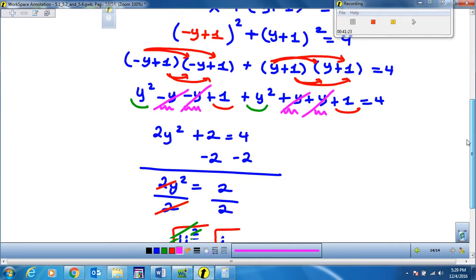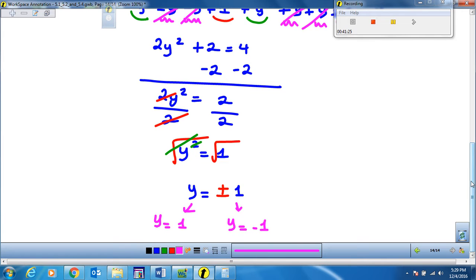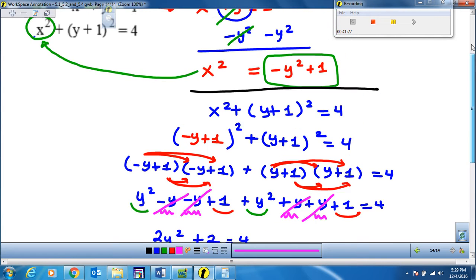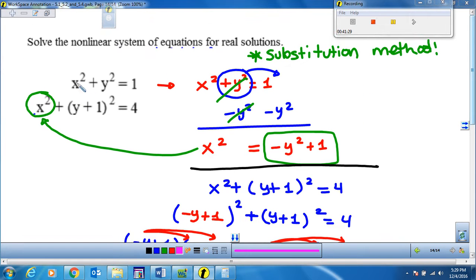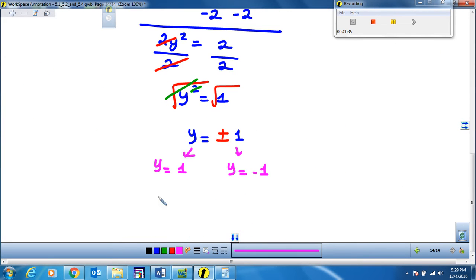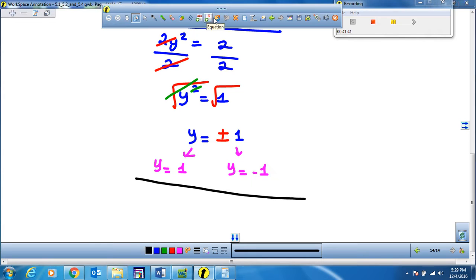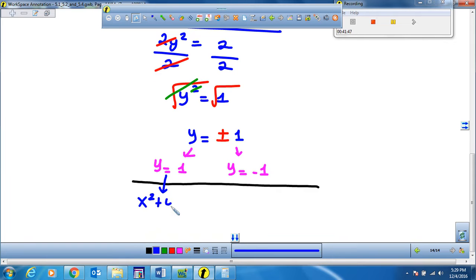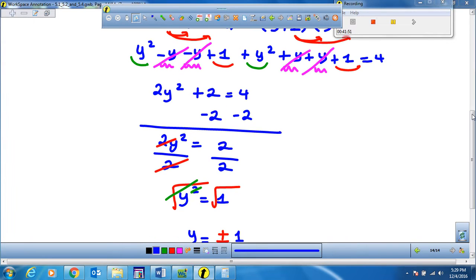Okay, so we're going to substitute the two y values back into one of the originals. So I think the easiest one would be the first one. So we're going to do x squared plus y squared equals 1. I think it was 1.